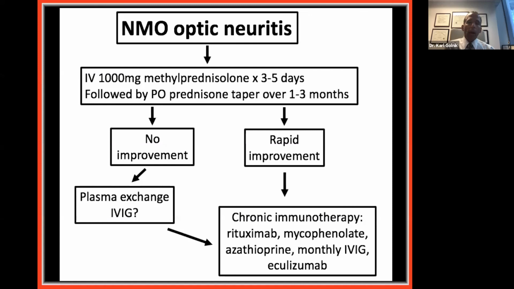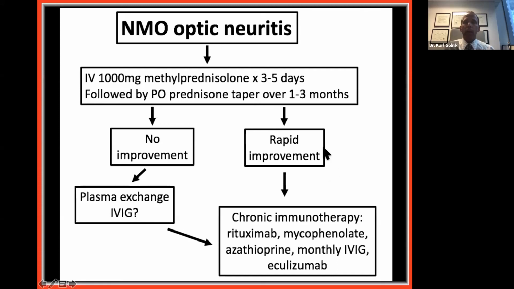If we go down our right side, if there's rapid improvement, then great. If they have NMO though, usually they're going to be treated with long-term immunosuppression, even after one episode of NMO optic neuritis, because with another episode, they may be blind, or they may have some other permanent systemic disability. So this is a bad actor, we say. This is a bad condition.